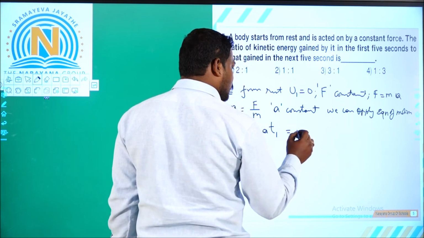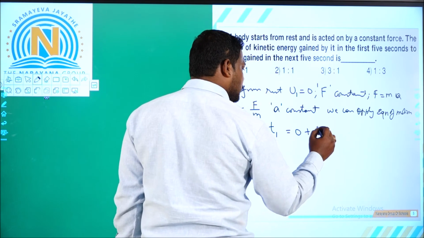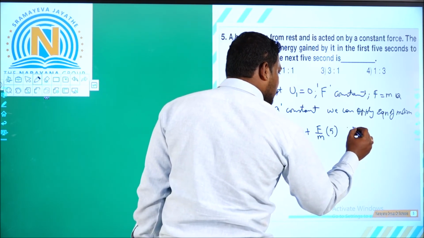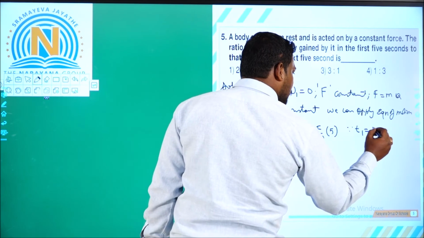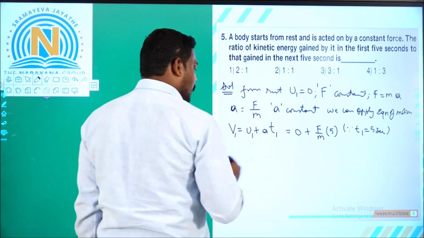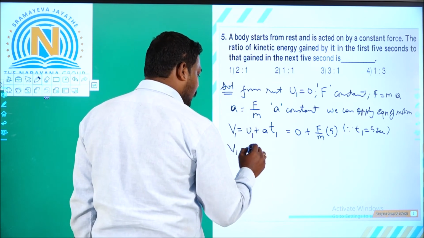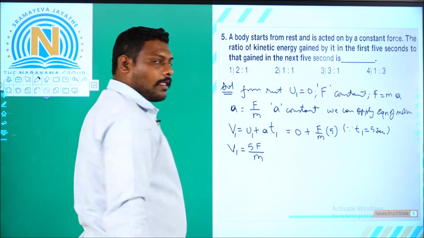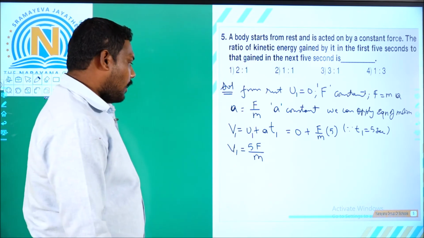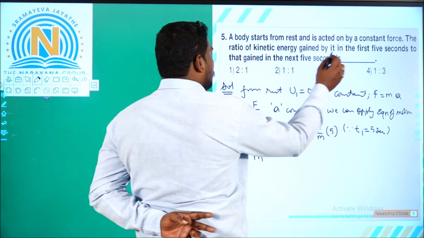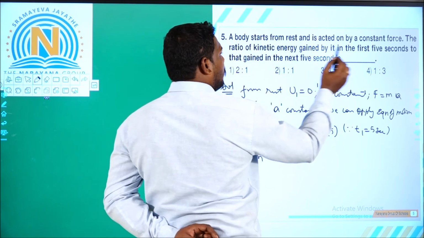So v1 will be 0 plus f by m into 5. Finally v1 will be equal to 5f by m.